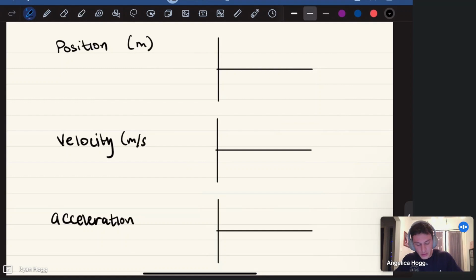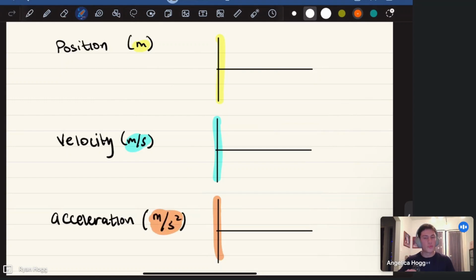Velocity is meters per second. And we said that our acceleration is change in velocity over time. So meters per second every second, meters per second squared. And that's our axes. This one goes here with your meters. This one goes here with meters per second. This one goes with your acceleration, meters per second squared.